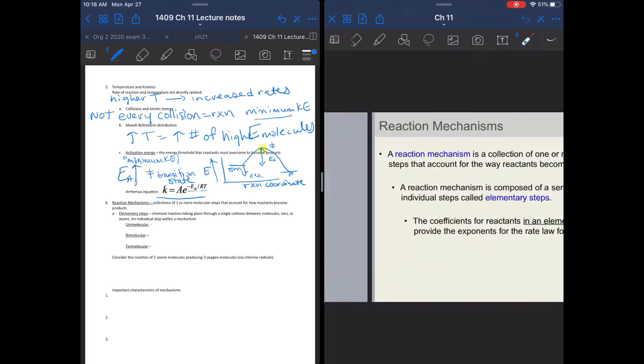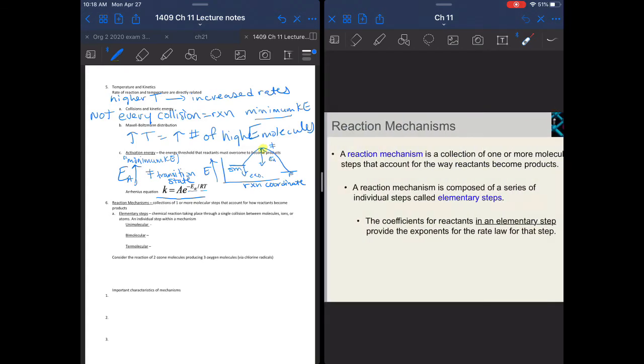Okay, so for the last section, we are going to look at reaction mechanisms. Now, that reaction coordinate that we talked about from starting material to product, it isn't always that simple. Sometimes a reaction goes through several intermediates and different steps before it gets to products. And those steps are determined experimentally, and they're called elementary steps.